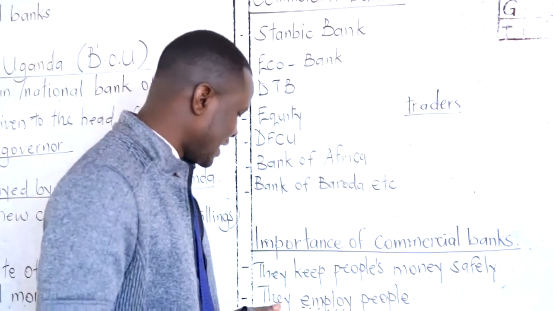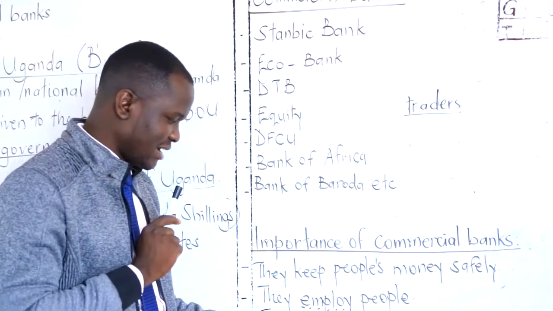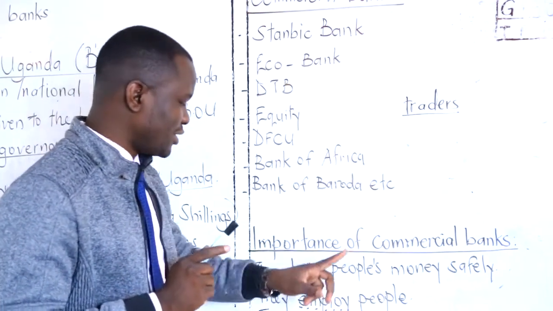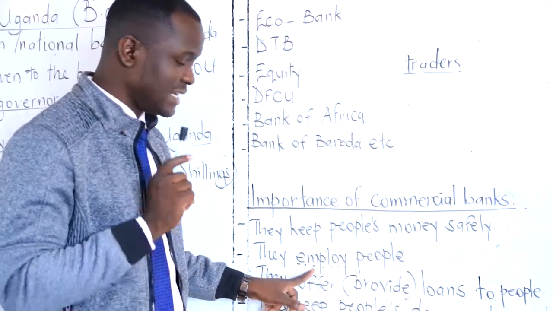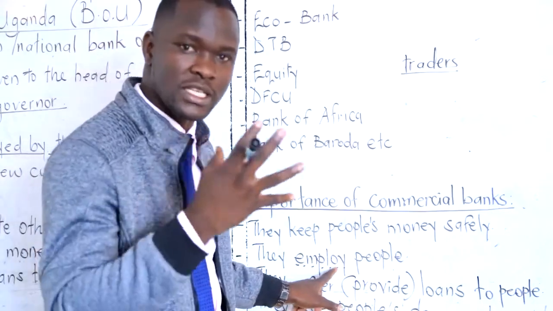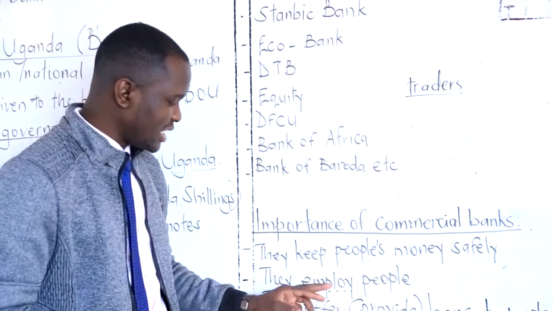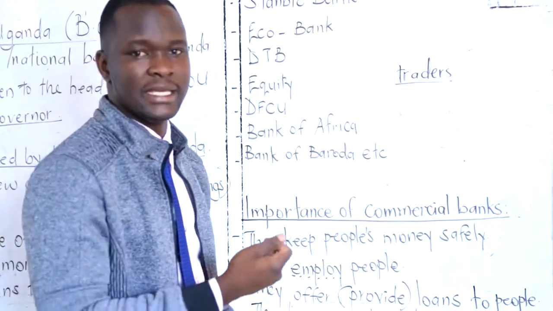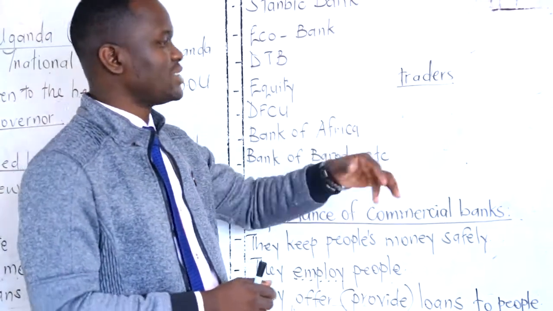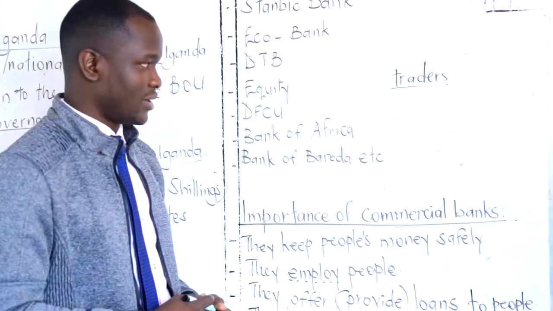So this trader cannot go and be employed in a bank. Sometimes children make that error. Instead, he can go to get a loan to increase his or her business. Two, this trader can take his or her money to keep in the bank. So when such questions are asked, don't talk about getting jobs. That one will not be correct.